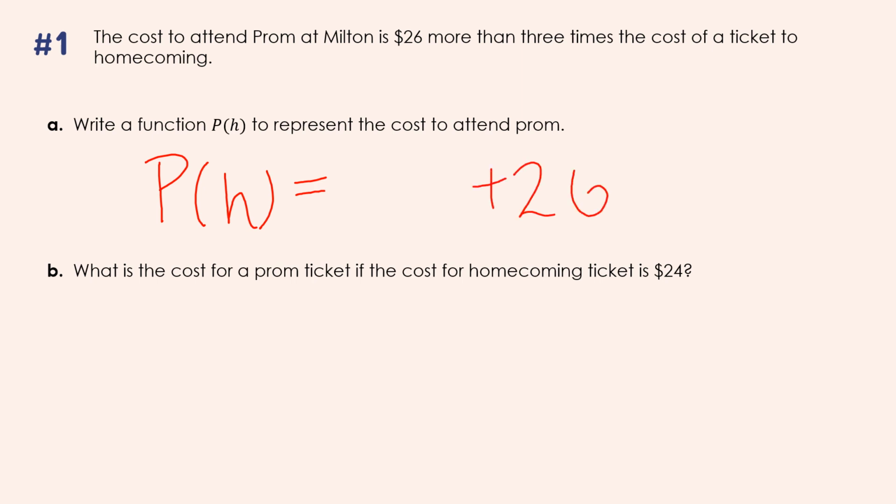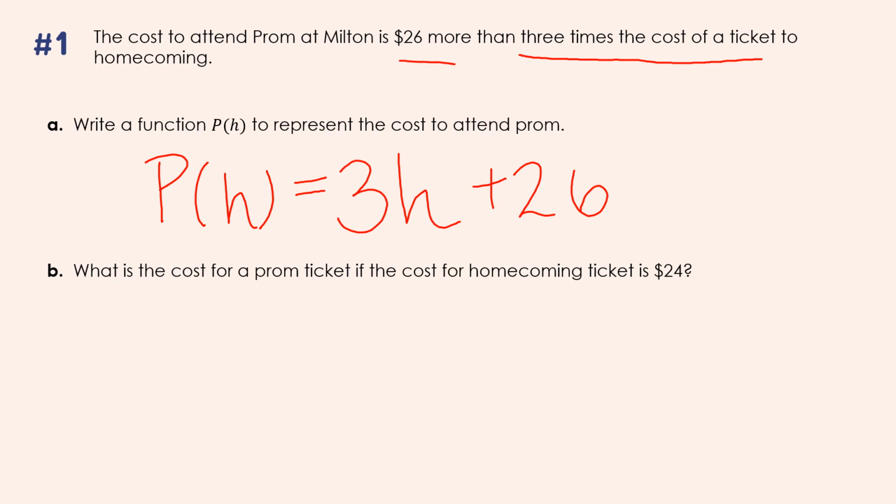But what are we adding 26 to? We're adding 26 to 3 times the cost of a ticket to homecoming. So 3 times that homecoming ticket price. So 3 times H, or just 3H. So prom will cost 3H plus 26.